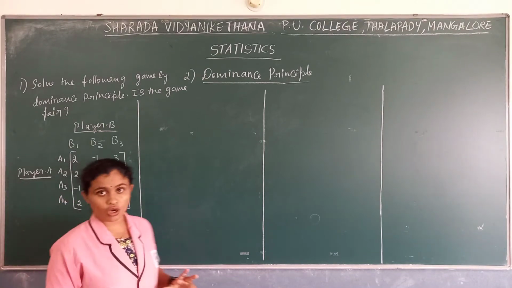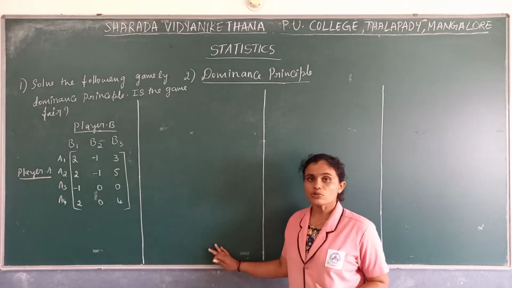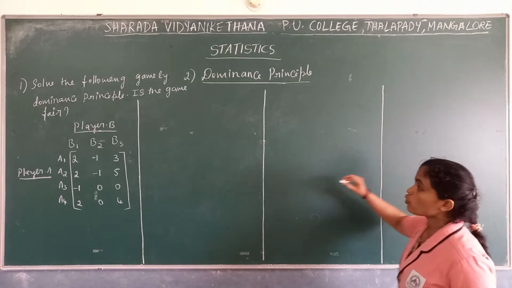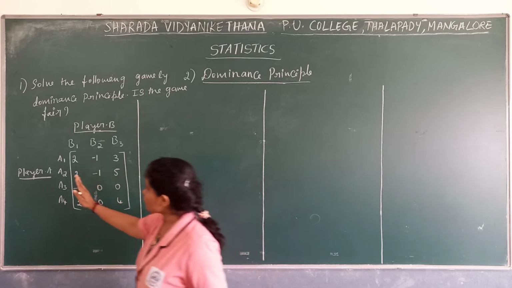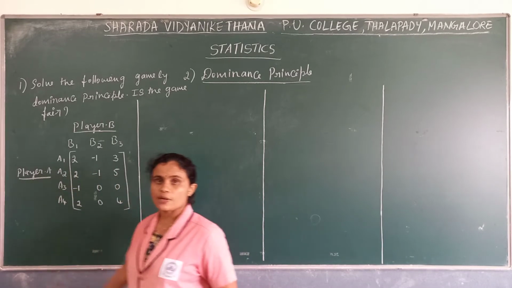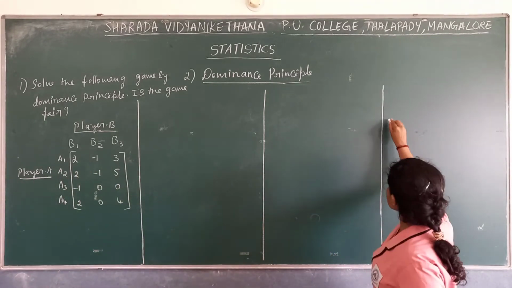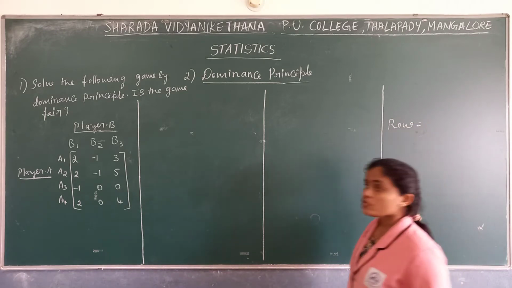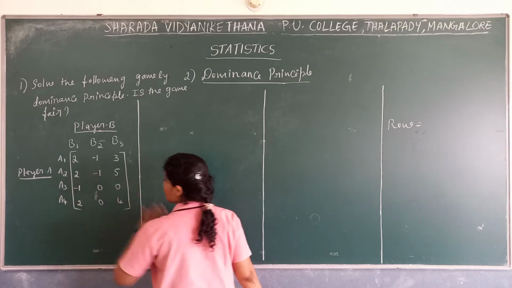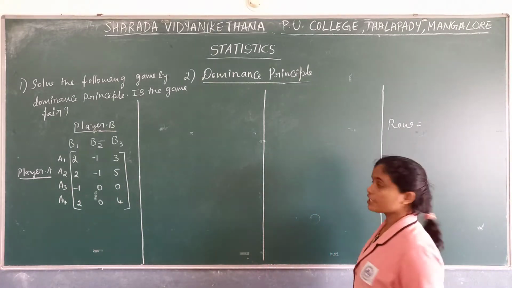But in the case of the dominance principle, you mainly need to understand that we are going to compare. Firstly, we will start with the row-wise comparison, then we will go to the column-wise comparison. In row-wise comparison, the row which is maximum is the dominating row.